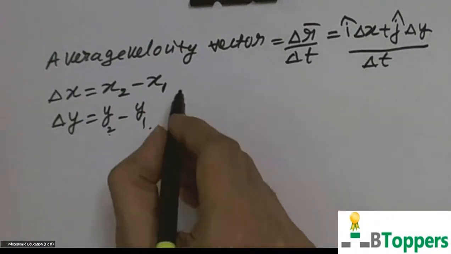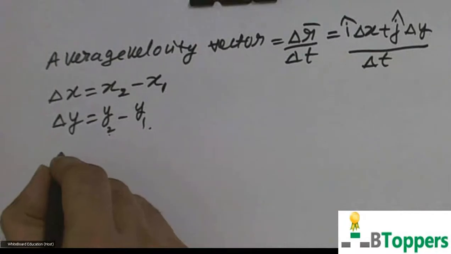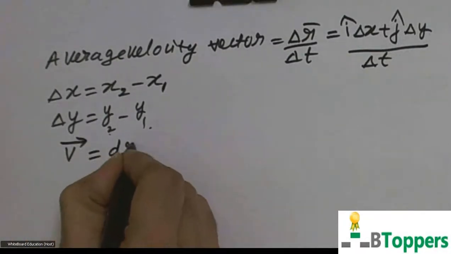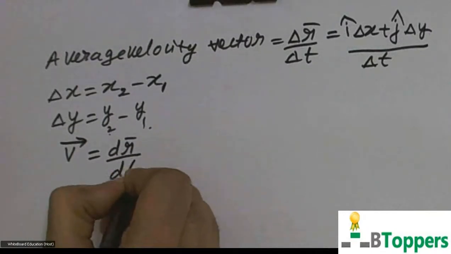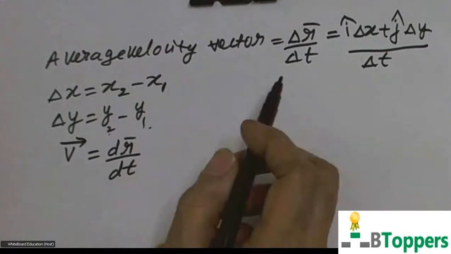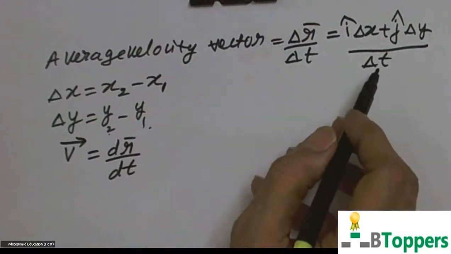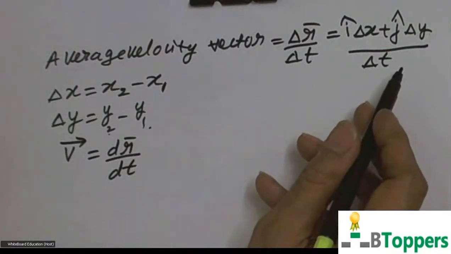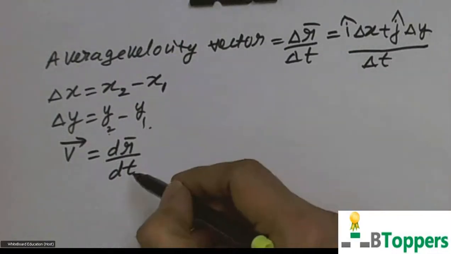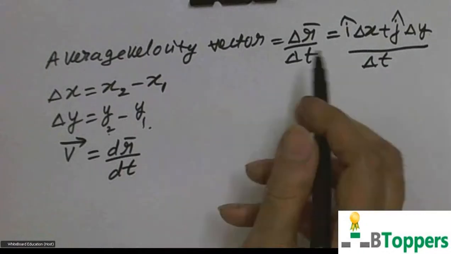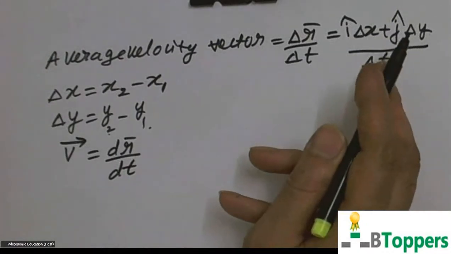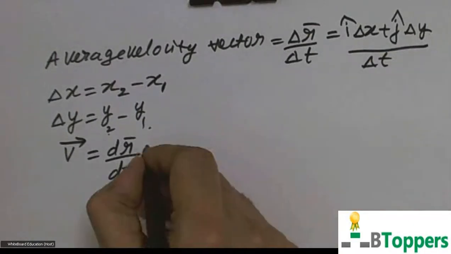And for the instantaneous velocity of the particle, when the particle moves in the xy plane at the instant t equal to t1, as I wrote before, we write v equal to dr bar by dt. And the time interval delta t is infinitesimally small, meaning tending to 0. Then delta t will be replaced by dt, and in place of delta x, we write dx, and in place of delta y, we write dy.